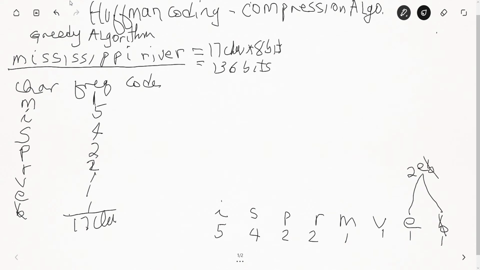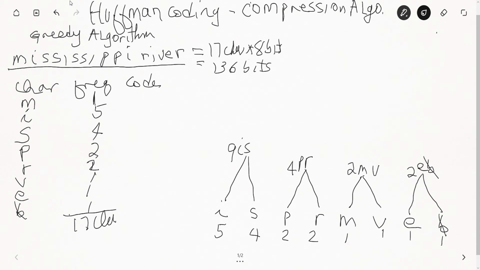M and V, this would be 2. Now I should be able to combine this one, and this should be 4, P and R. And I can combine these two. So this should be 9, I and S.